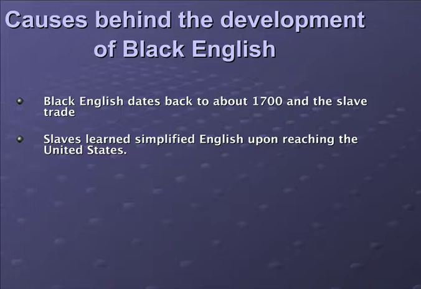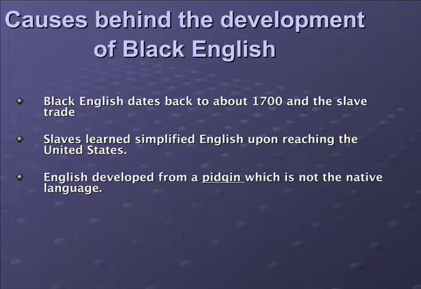Slaves learned a form of simplified English upon reaching the United States, a form of Creole, because they were brutally transported across the Atlantic and often were placed in ship quarters which were composed of different tribal groups so that they couldn't communicate with each other.